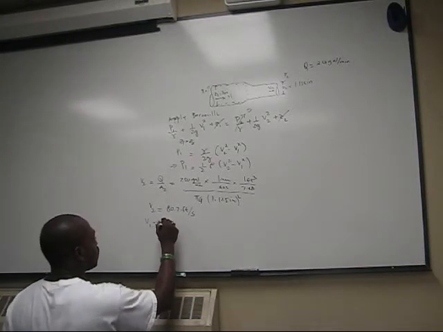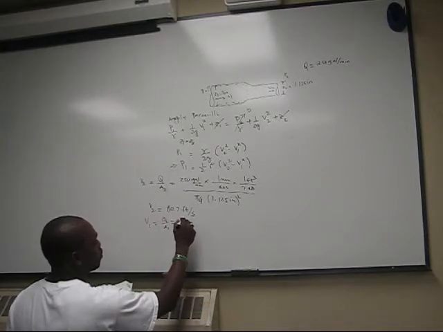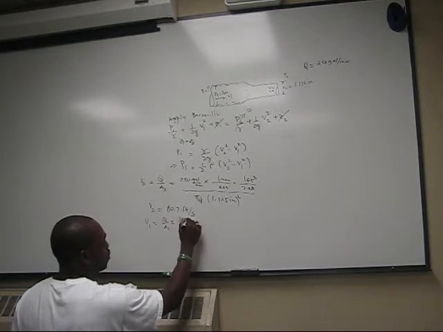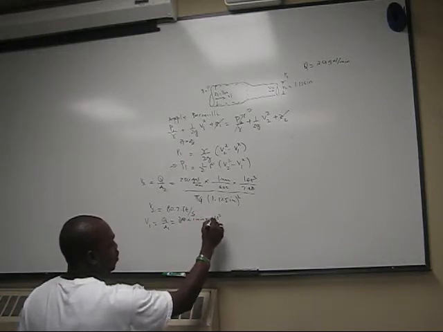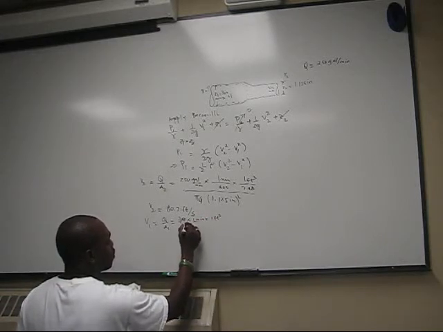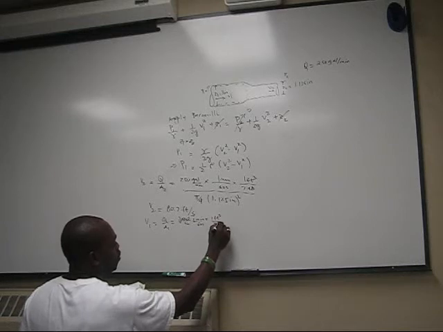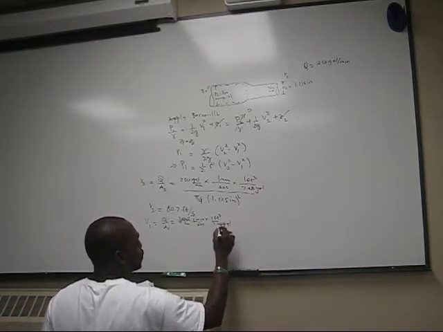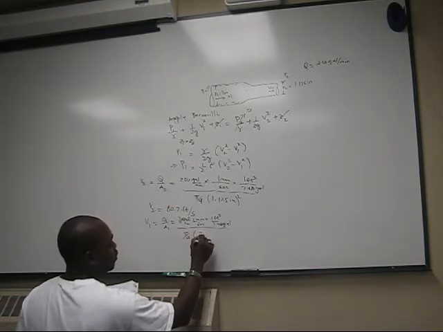So let's do the same thing for V1. V1 will be Q over A1. Same thing here, the only difference is the area.